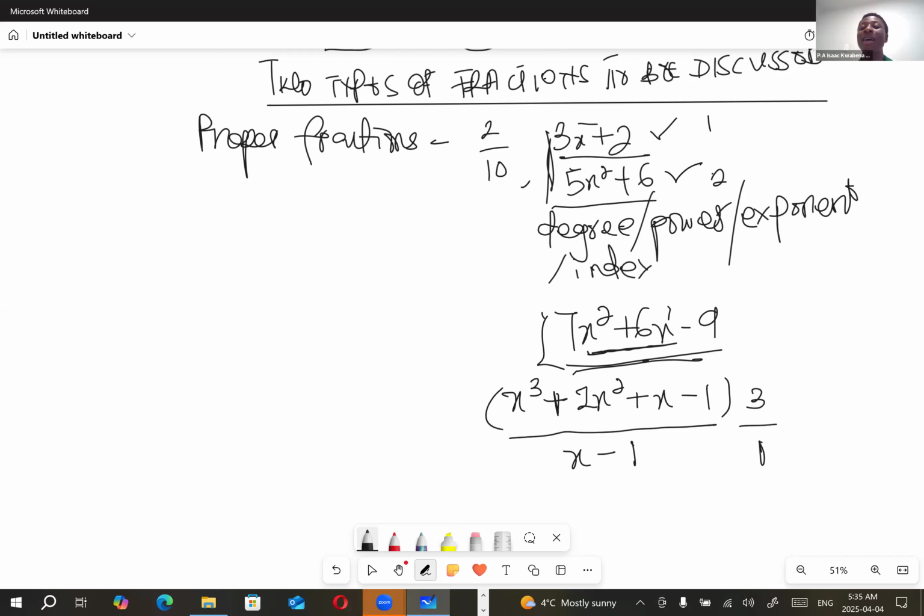That's good. So now that you know that this is not proper, give me an example of a proper fraction. One more example, then we move on, please. Just one.